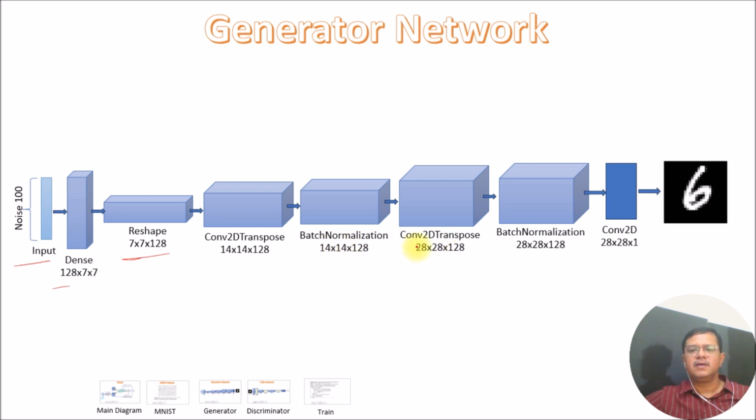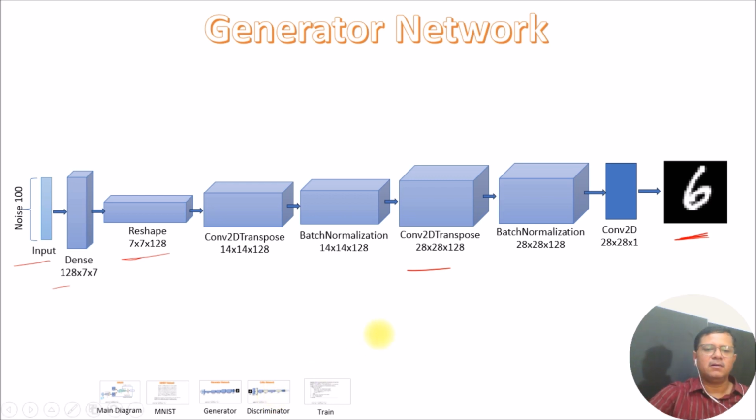And after that it passes through another Conv2DTranspose layer and then batch normalization, and then it tries to generate some real-looking numbers. The role of Conv2DTranspose and all other things were explained in the previous GAN related code, so I am not explaining that.